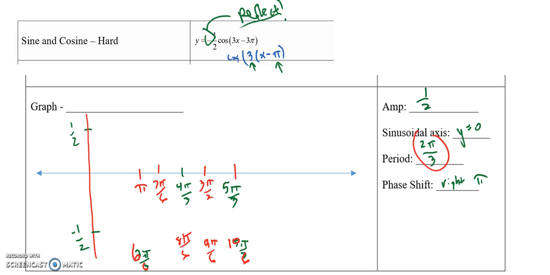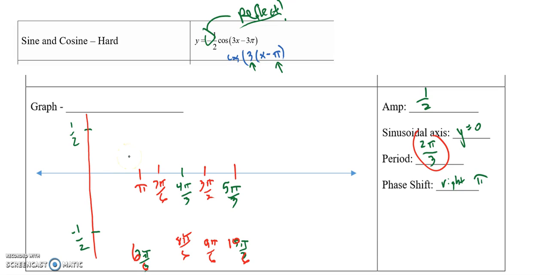So now I've got the starting point and ending point for the first period that I'm going to graph of my cosine function. Remember, I'm treating this pi as my typical 0 because it's shifted to the right from 0 to pi.